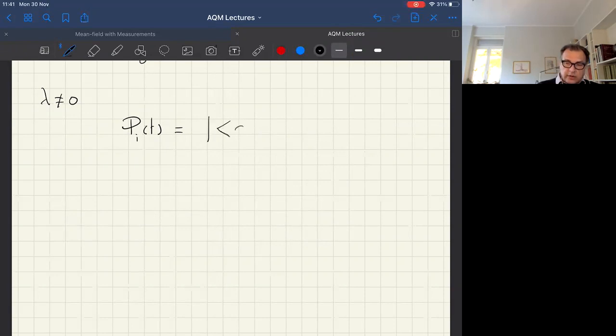I have to compute the probability that I have phi 0 I, psi of t. Okay. What I wrote before was wrong. So this is the probability to find the state psi in phi 0 of I. Okay. I apologize for the mess. Is it okay now?